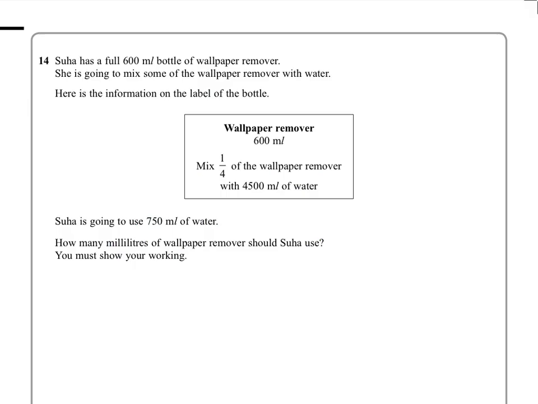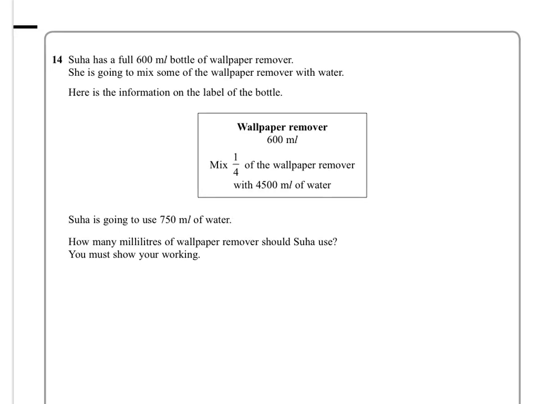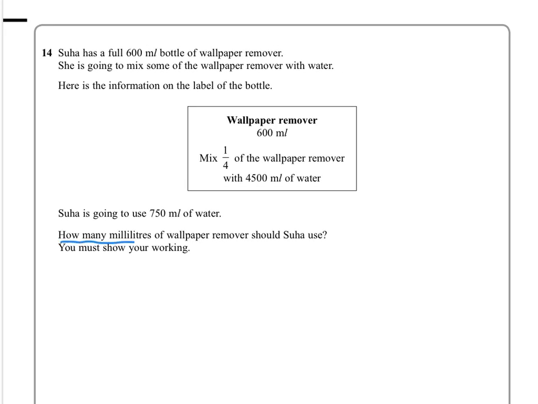So for this question, you've got to work out how many millilitres of wallpaper remover Suha should use. Well, the information it gives you is that for every 600 mils of wallpaper remover, you've got to mix a quarter of the wallpaper remover with 4,500 mils of water.